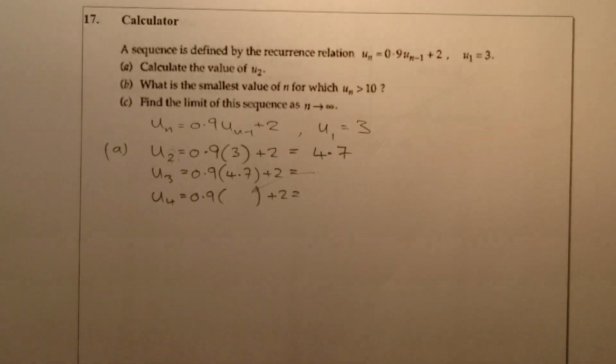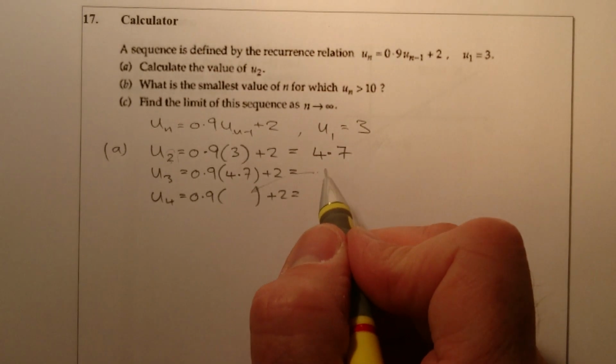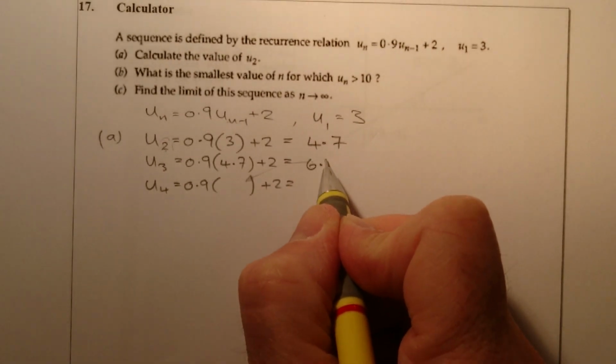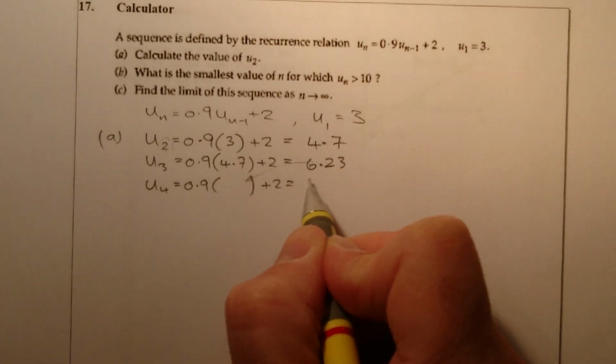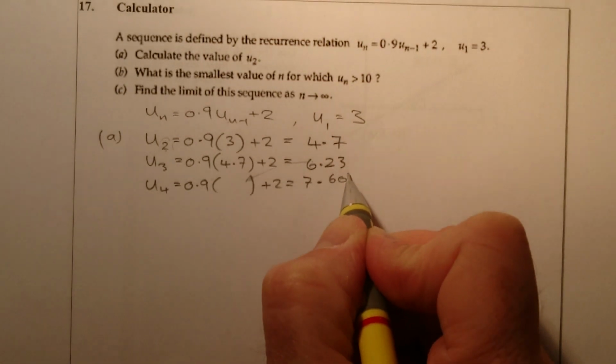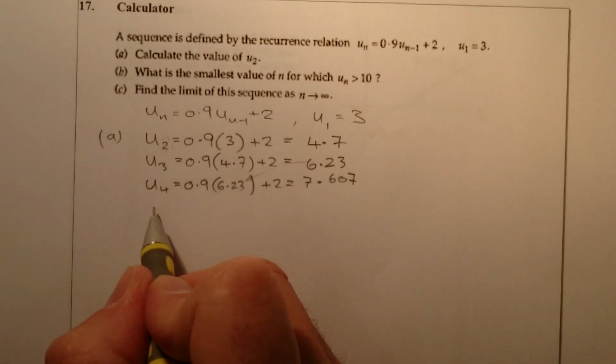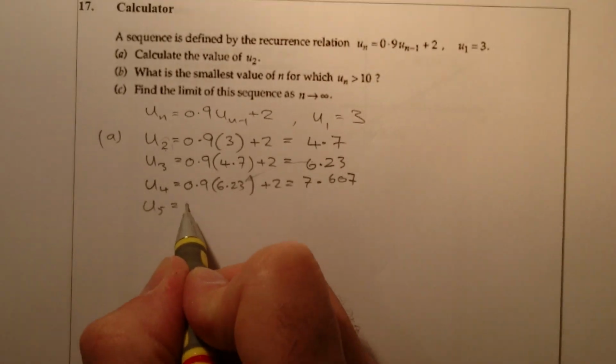Okay then, so what I've got here is, this value here is going to be 6.23, this value here 7.607, okay, so in here 6.23, and I'll just do that on my calculator as I go forward.